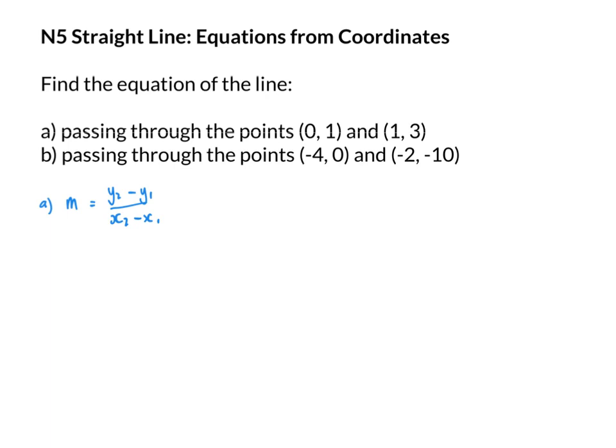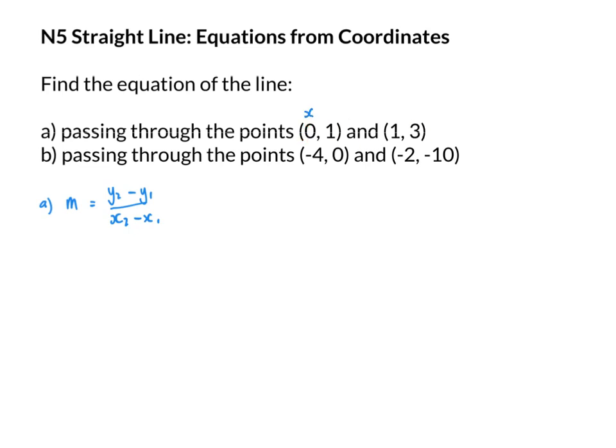This is because the gradient is defined as the vertical distance divided by your horizontal. So the difference in your y's is looking at the difference in your vertical distances. The difference in the x's is looking at a horizontal distance. I always write my points down, or if I've got them written down up here, I always label them.